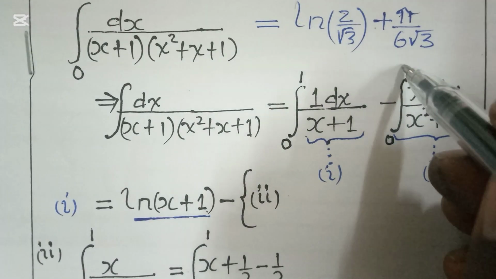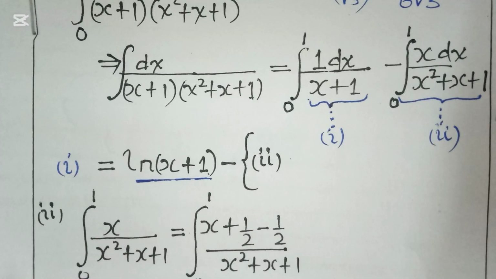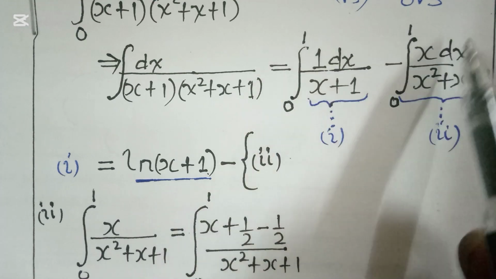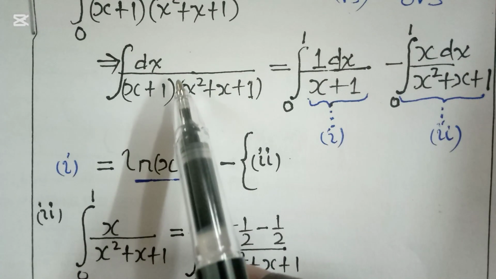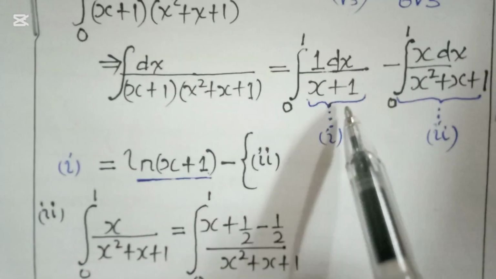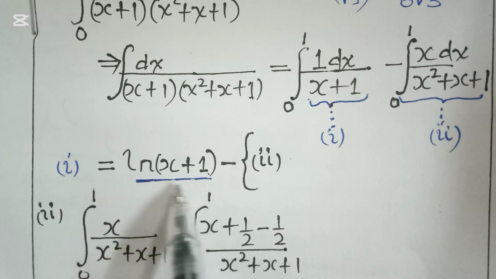So we can integrate the first one here. These two terms represent this one expression, so we can keep this aside. The first one, when we integrate, we get that.